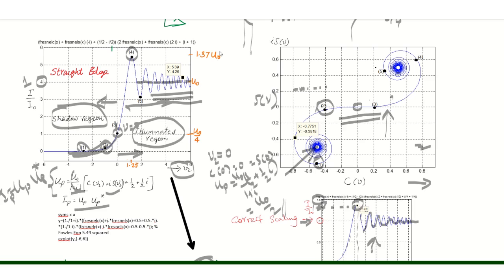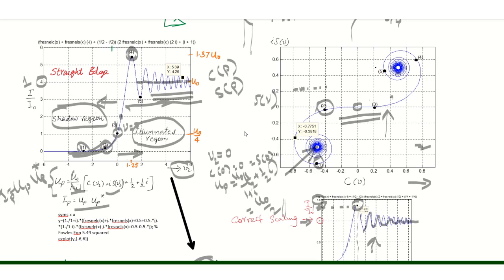Now, you get CP and SP from standard tables, or somebody has calculated it for you. Then you are interested in the intensity at this point, let's say.